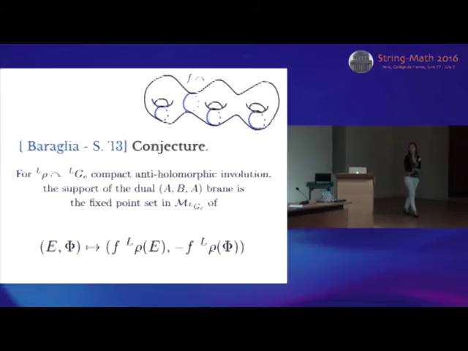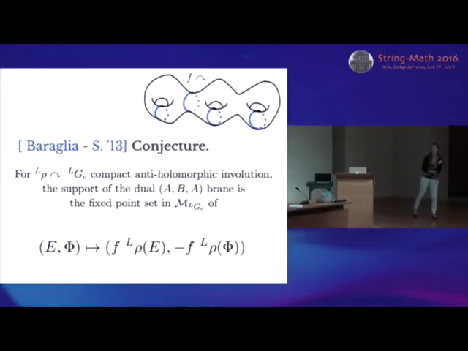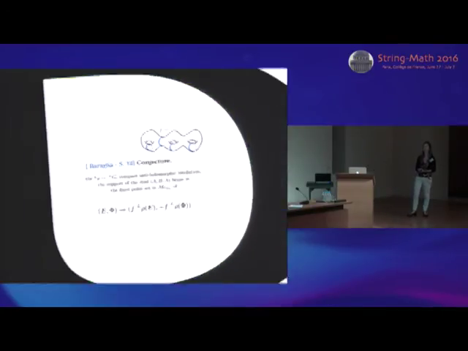So the proposal with David Baraglia is that the dual brane should be what you probably expect: you take the same Riemann surface, so you may take the same real structure F, but instead of taking your compact form in your group, you take the dual compact form. And from the way that this brane appears and the geometry that it has, it would seem that this really should be the dual brane.